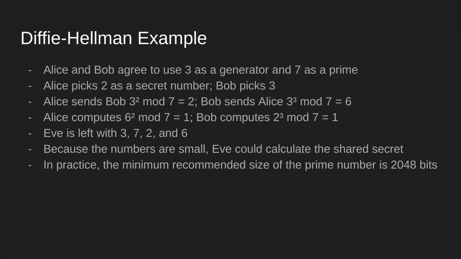The problem Eve has to solve is finding what the exponent n is, such that 3 to the n mod 7 is equal to 2, or 3 to the n mod 7 is equal to 6. And finding n for large numbers is difficult. In this case, Eve can just go through every single value between 0 and 7.